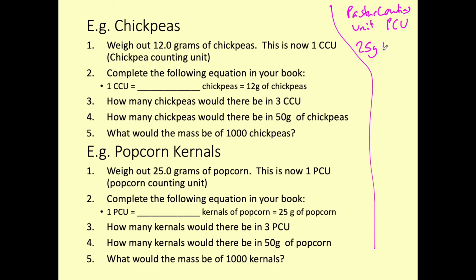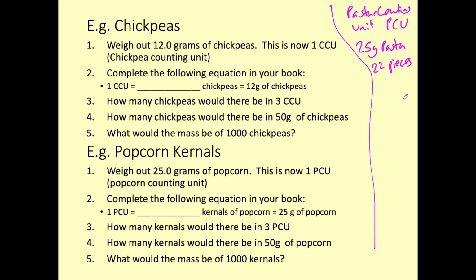So if you can't do this at home, use my example. So you can then use this to follow through for the rest of the questions. So instead of kernels, we're talking about pasta pieces, and instead of popcorn, we're talking about pasta.